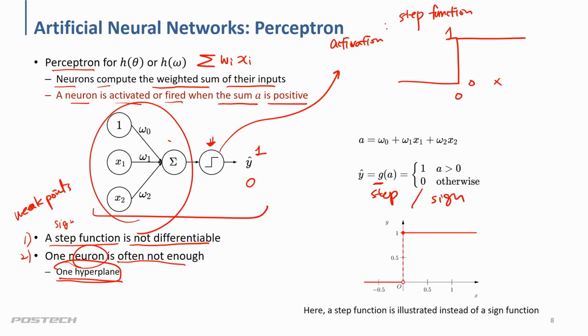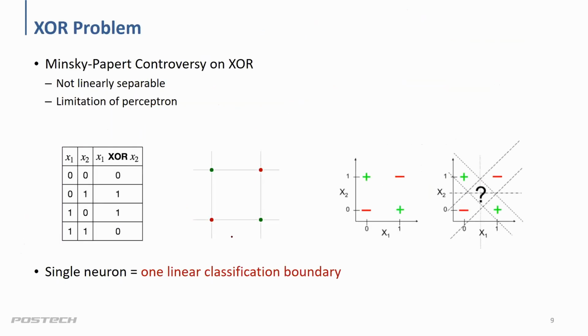So let's talk about the second case. There is a famous problem we call the XOR problem.